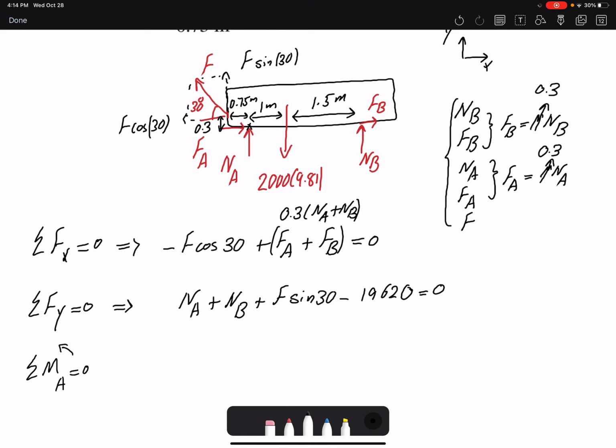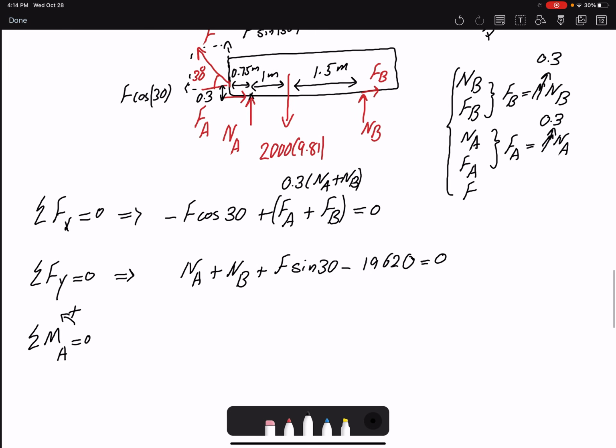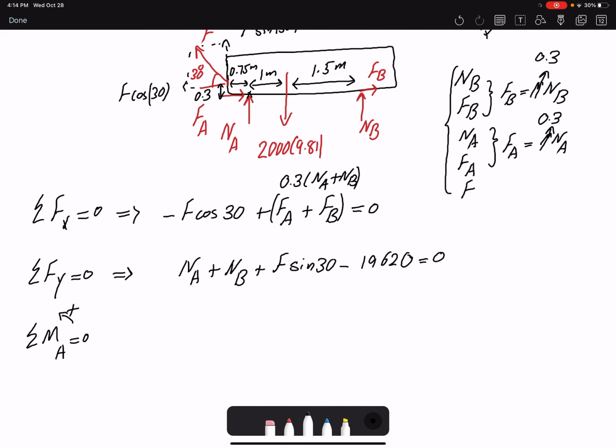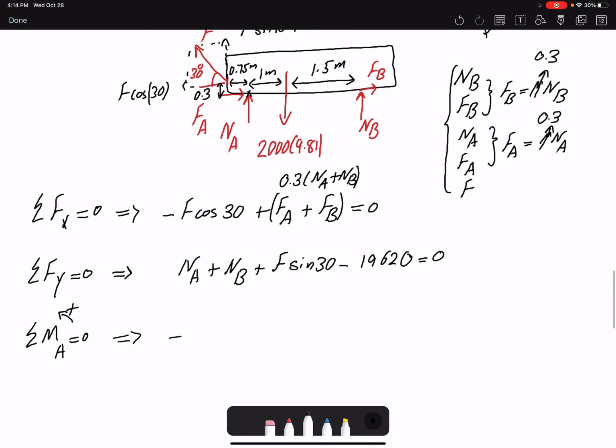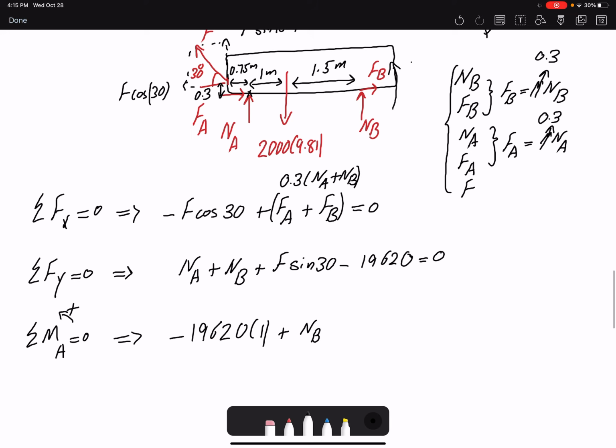I'm going to assume counterclockwise to be positive. So the weight is creating a clockwise moment, so it has a negative moment. The magnitude is 19,620. The moment arm is 1. NB is creating a counterclockwise moment about point A, so it's positive, and the moment arm is 1.5 plus 1, so 2.5.